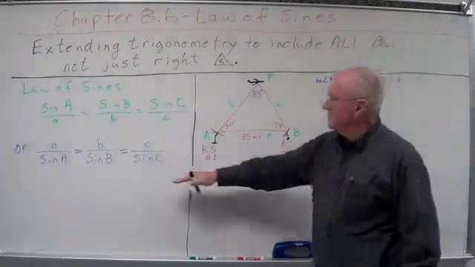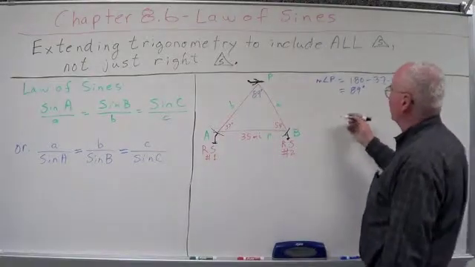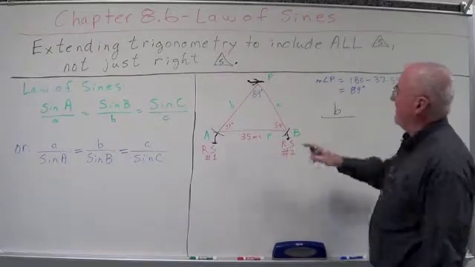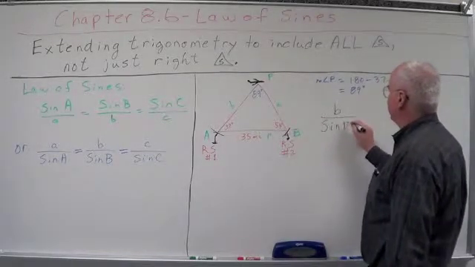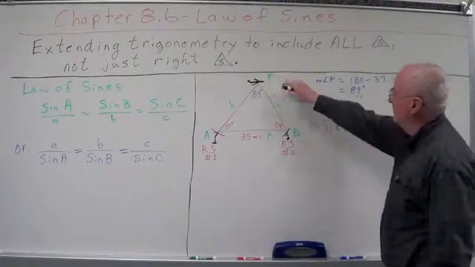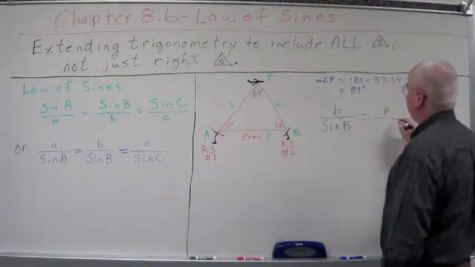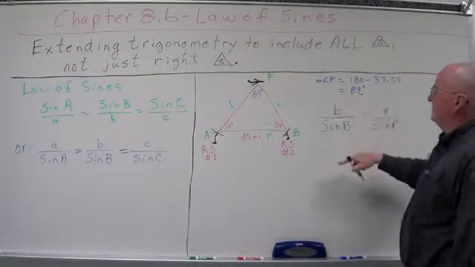So I'm going to use this form of the law of sines. We come in with B divided by the sine of B equals P divided by the sine of P. Well, what's B?